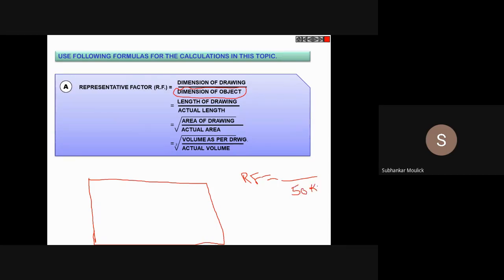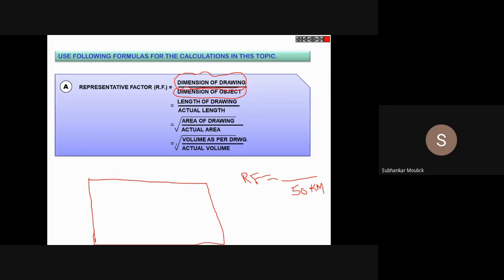Next, the numerator is the dimension of drawing. Definitely, nobody in the world can draw a 50-kilometer line in a drawing sheet. But if I reduce this dimension with the help of a proper scaling factor, definitely I can draw this 50-kilometer line. So this dimension of drawing, who will decide? I will decide, or you will decide.